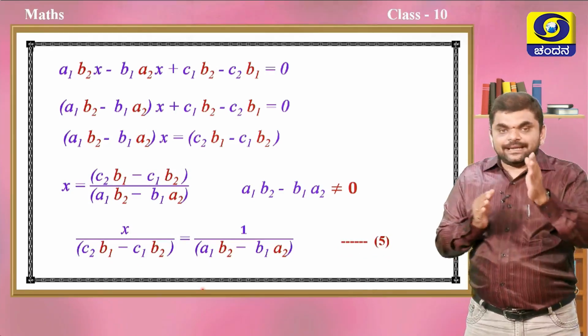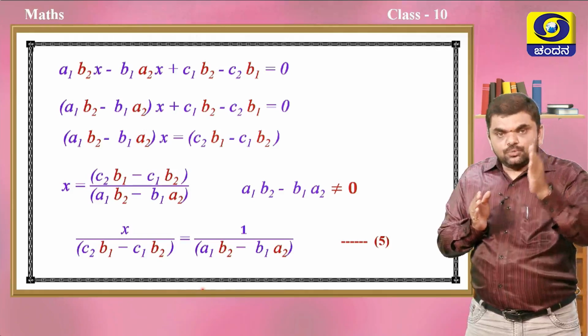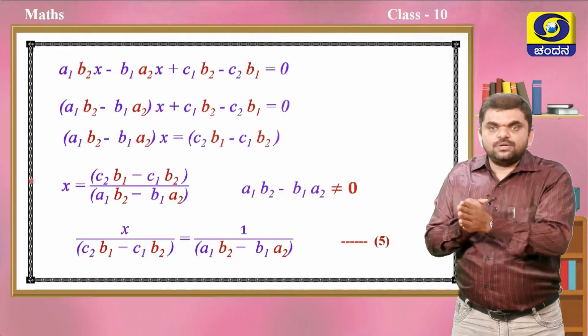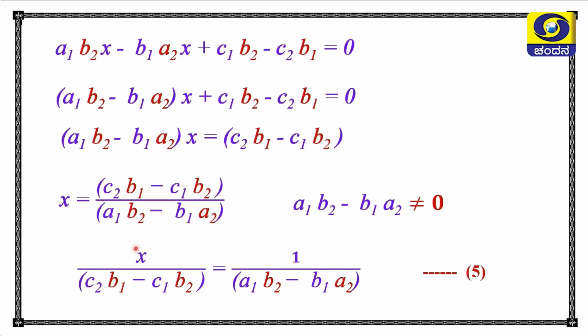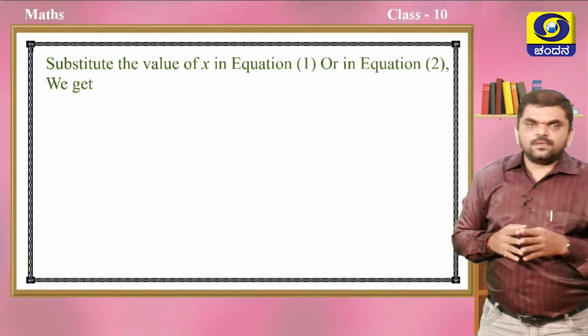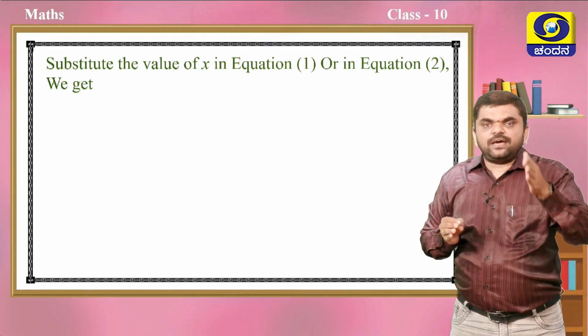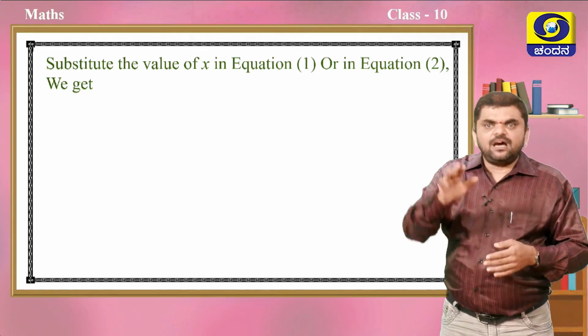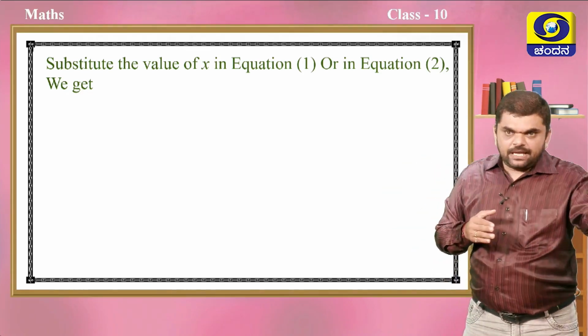Now transfer the numerator of RHS to the left hand side. What it becomes? x by (c2 b1 minus c1 b2) is equal to 1 over (a1 b2 minus b1 a2). Let us consider this as equation number 5 children. Substitute the value of x in equation number 1 or in equation 2, we will get the value of y.